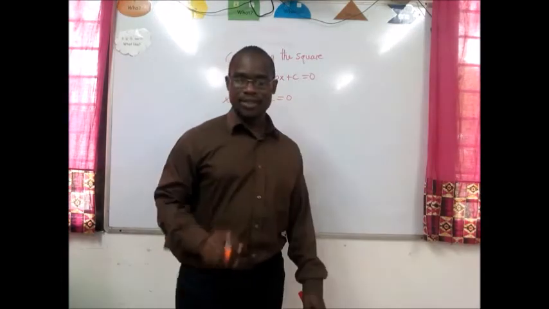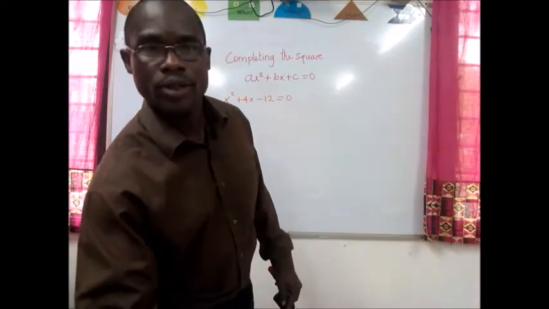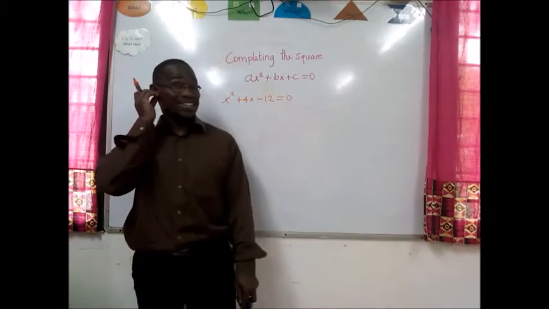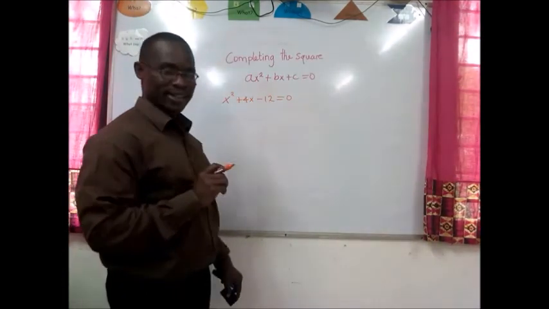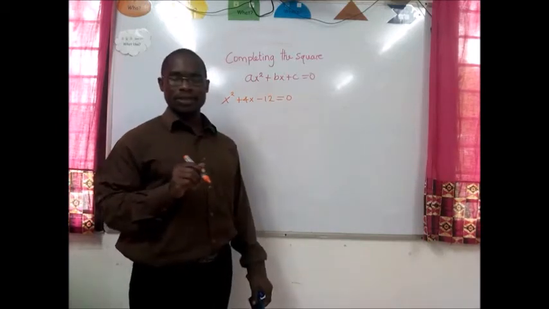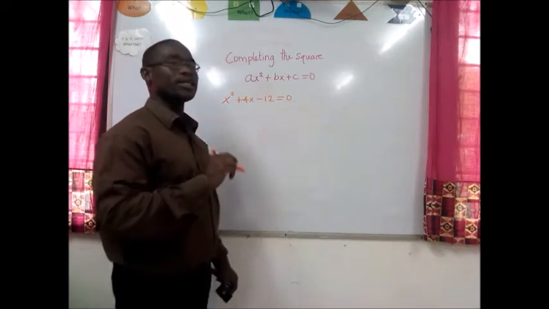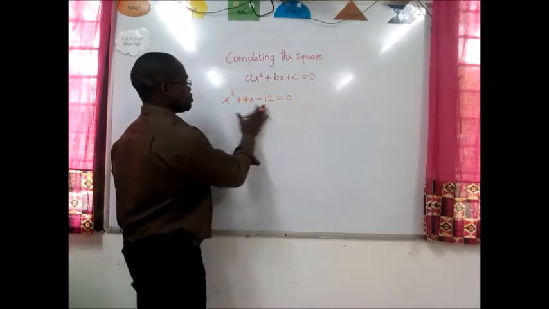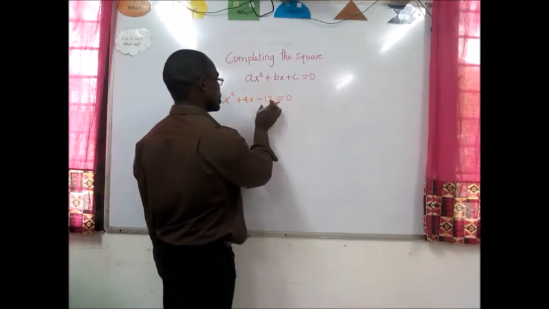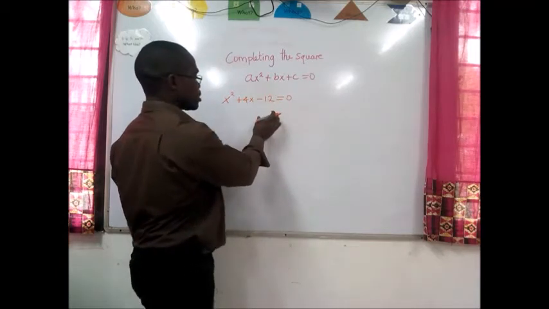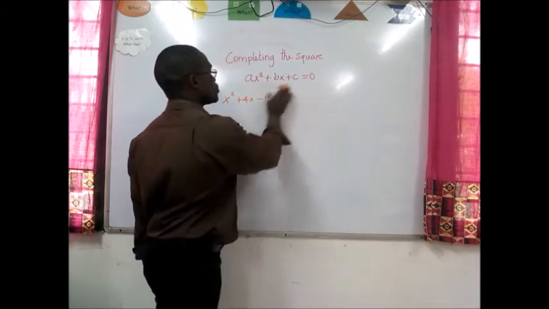Okay, so we need to see this. We go step by step so you can understand how we do it. Step number 1 is that the variables must be on the left side. So the first thing, we take this constant number, which is negative 12, to the other side.